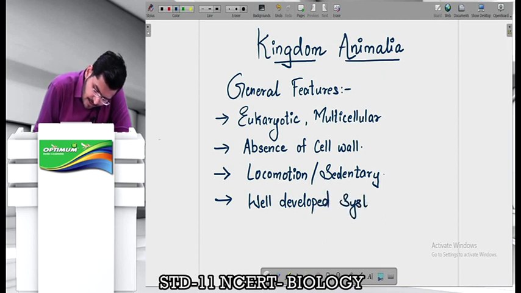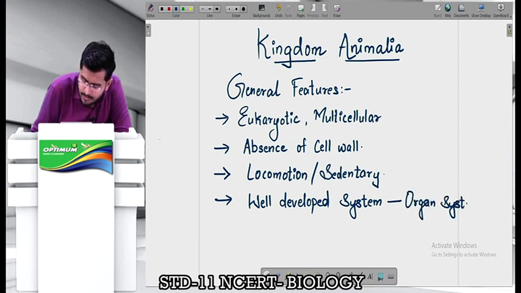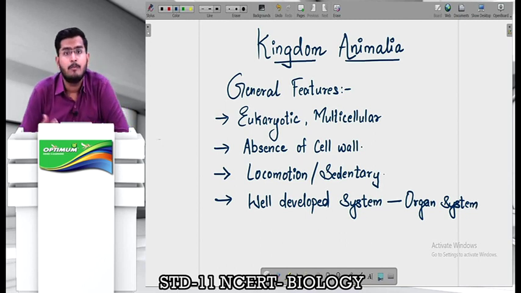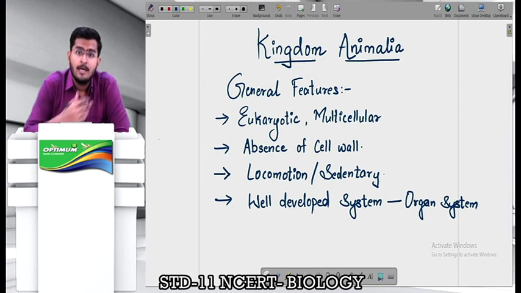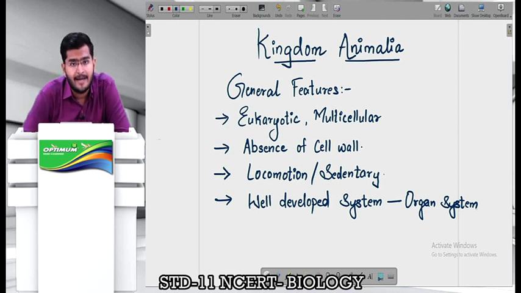Other than this, let me tell you that these organisms have well developed systems, specifically organ systems, as you go up into the most evolved phylums of kingdom Animalia. If you see the lower phylums of kingdom Animalia, you will observe that they do not have well developed systems. But as you move ahead in the phylums, you will see that their organ systems go on developing, right?